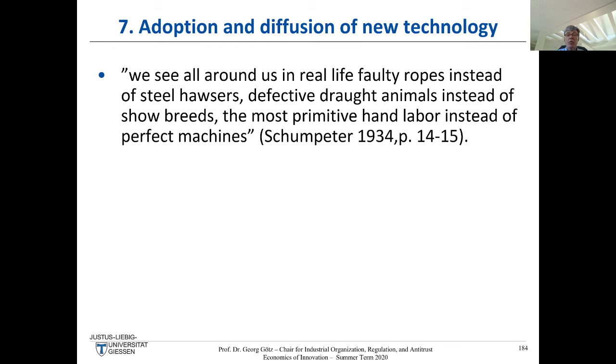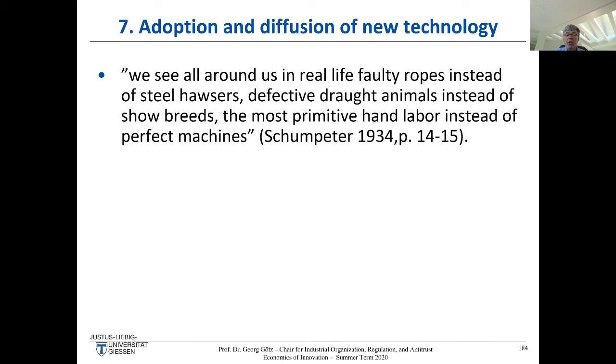Okay? So the point is, why is that so? What Schumpeter moves on to in his book is that the economic best and the technologically perfect very often do diverge. We have the technological best, but still we do not use it.